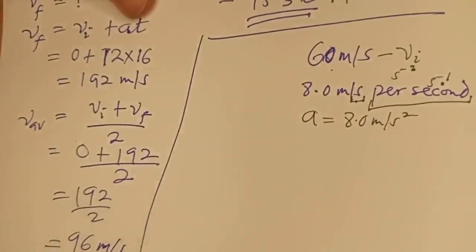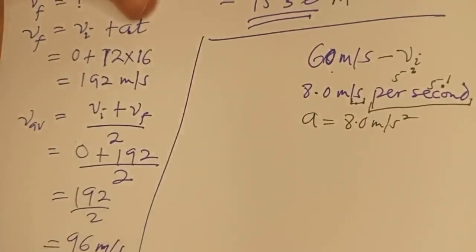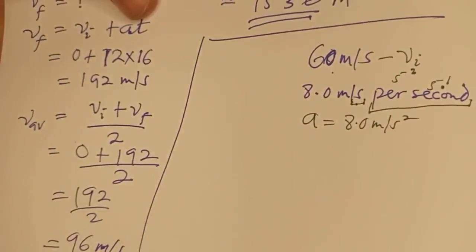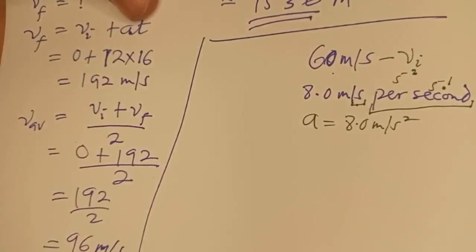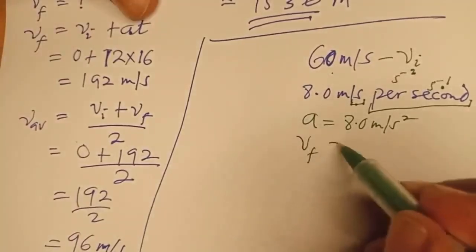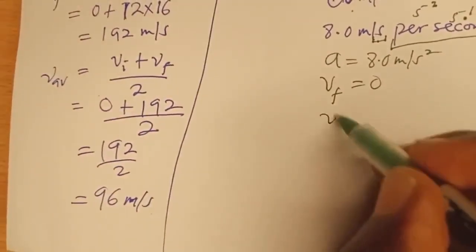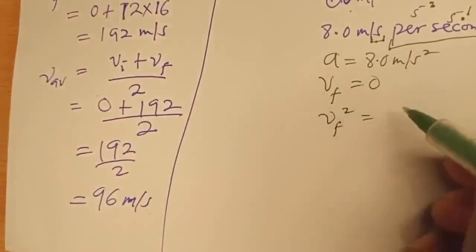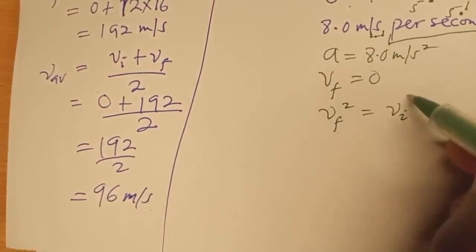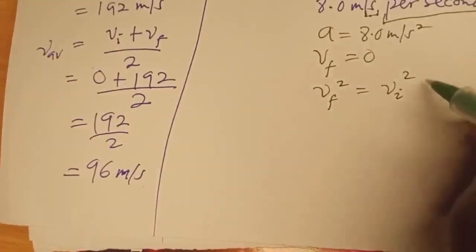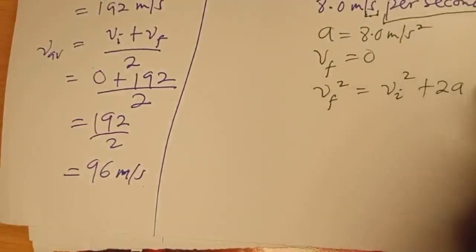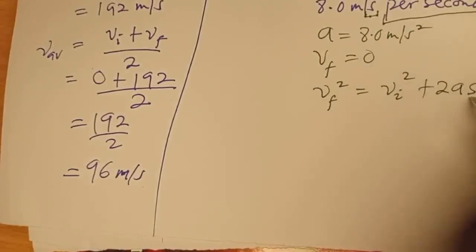We are not given time, but they said we should find how far it goes. That is distance. How can we find the distance? The final velocity is 0 when it stops. So it means we will use this formula: final velocity squared is equal to initial velocity squared plus 2as, where s is the distance.